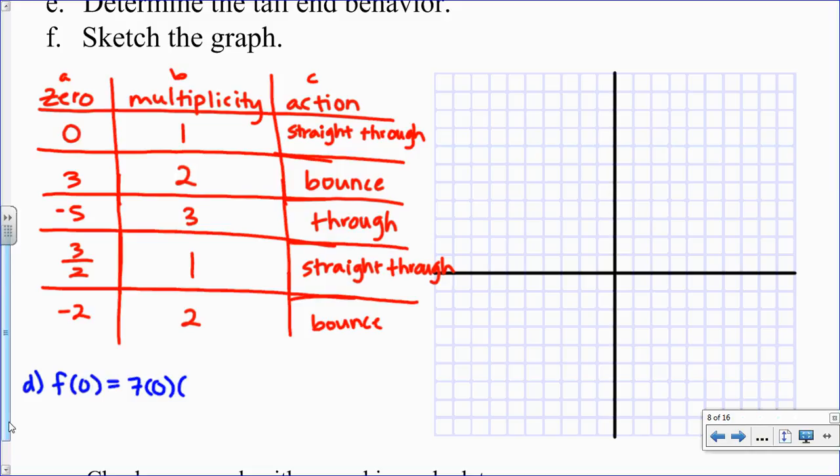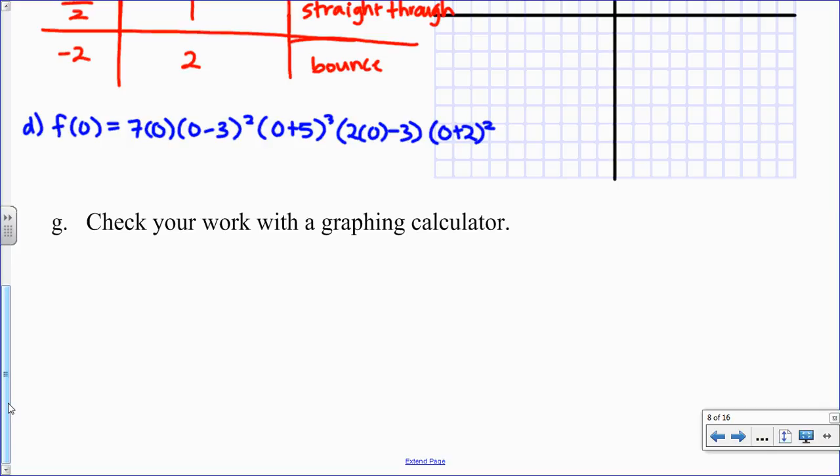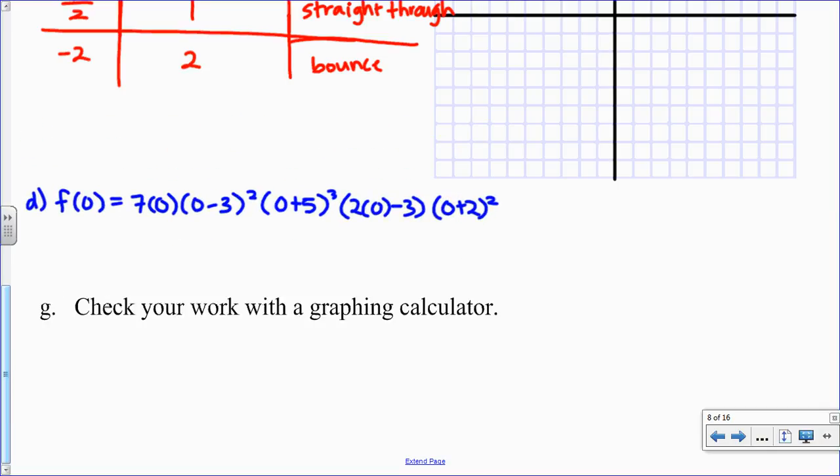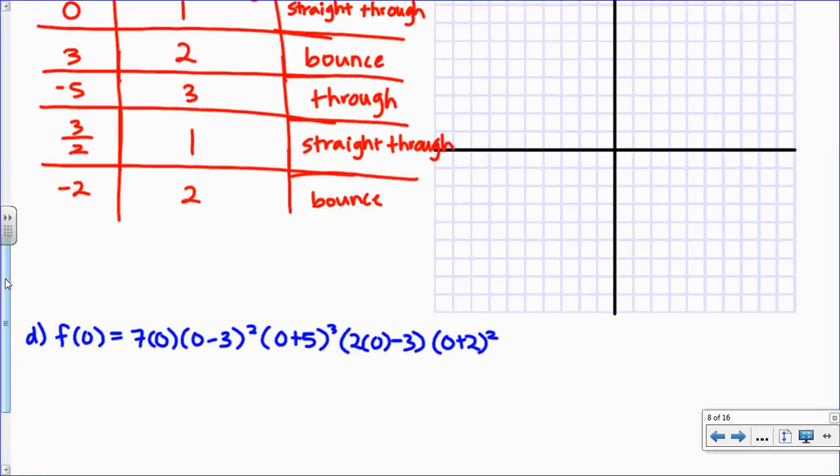So you have 7 times 0, and then 0 minus 3 squared, 0 plus 5 cubed, 2 times 0 minus 3, and then 0 plus 2 squared. Okay, so you plug those in.